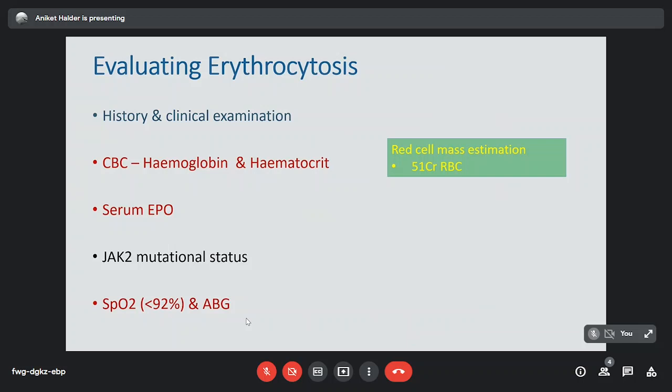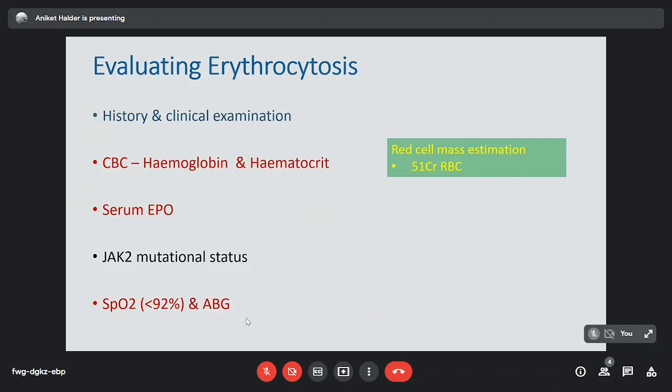So the first and foremost thing should be a proper history and a proper clinical examination of the patient, because if we take proper history, we can eliminate the cause of this erythrocytosis, because in majority of the cases, as I had said, it is relative erythrocytosis, in which there is a decrease in the plasma volume causing an increased concentration of red cells, resulting in increased hematocrit or hemoglobin levels.